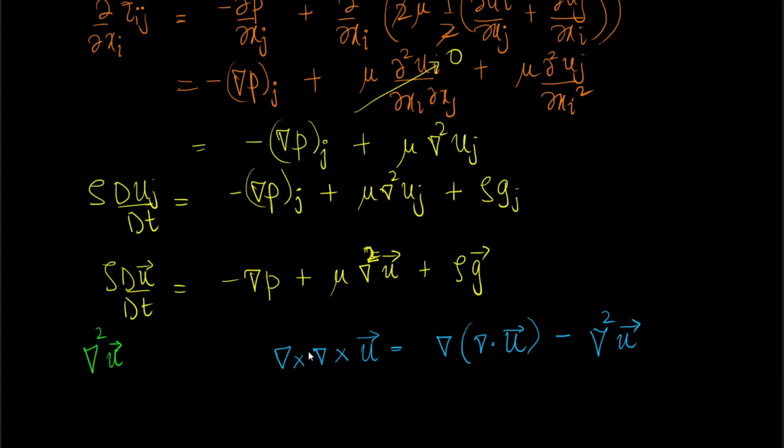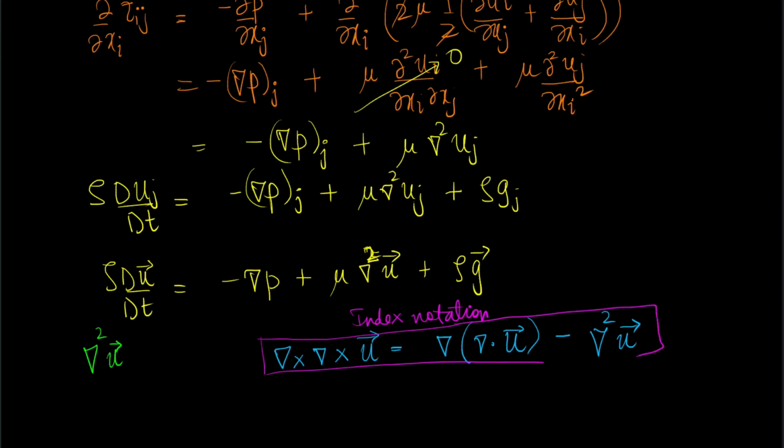You can easily prove this using the index notation, and I request you to go ahead and prove this in your leisure time. It is a good exercise to do. Just remember that the I component of the curl of something will be epsilon ijk del xj ak. So you have to make use of this form, and everything else is self-explanatory.